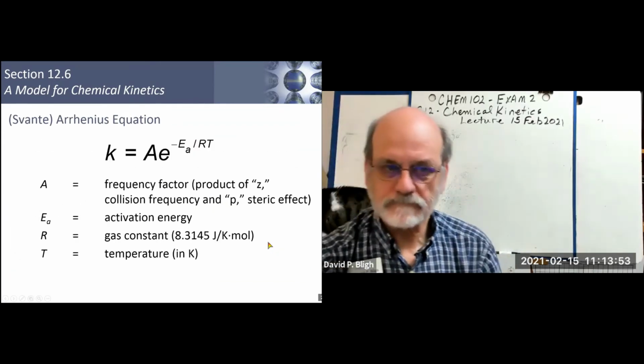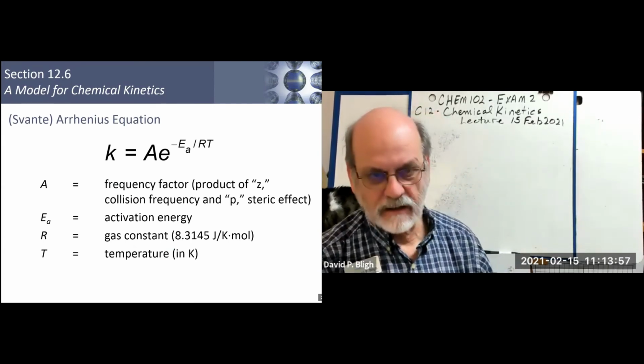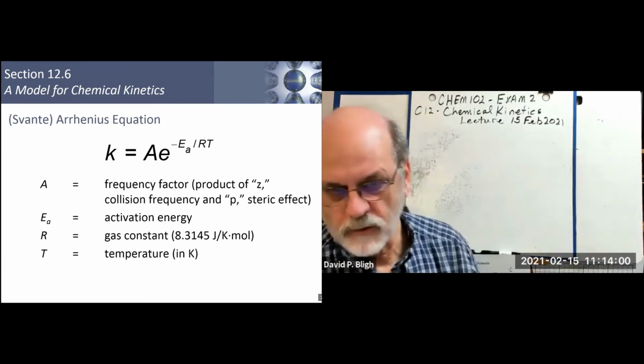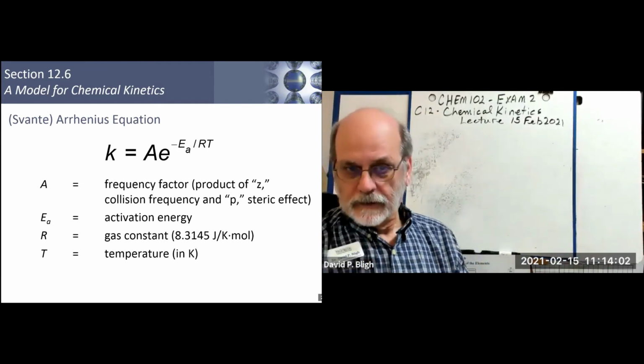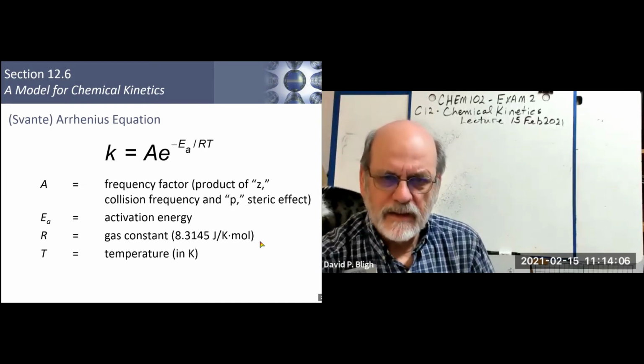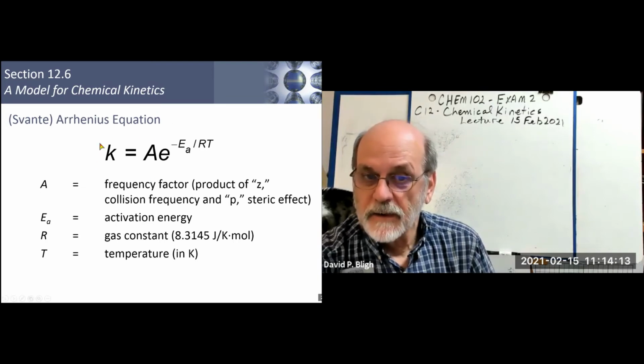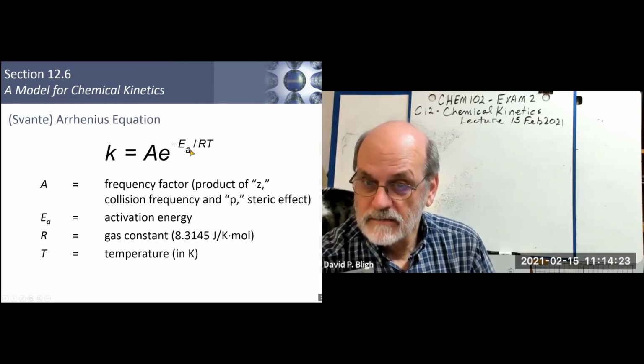Okay, so this fellow, this smart mathematician, well, he was a researcher too, Arrhenius, I believe he was Swedish, said this is the relationship between the reaction rate constant and the activation energy of the reaction, right?